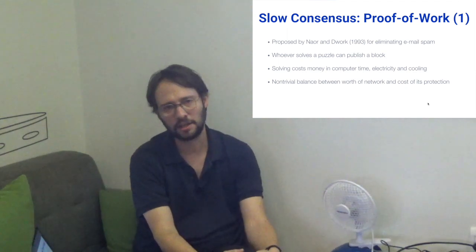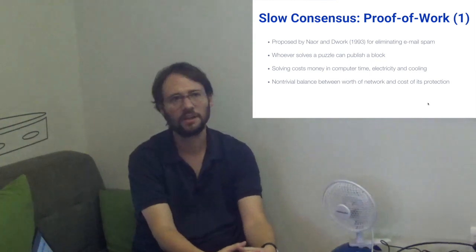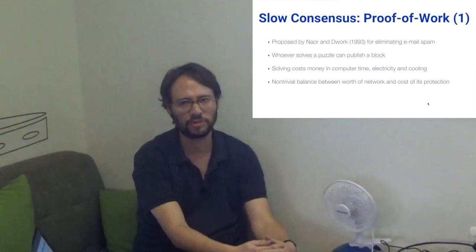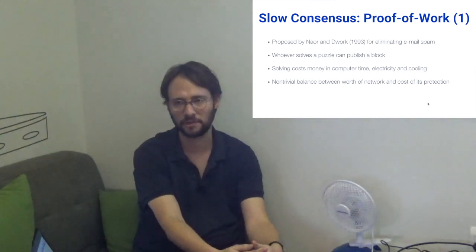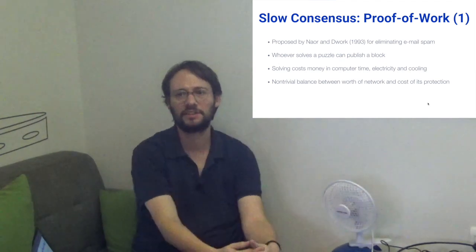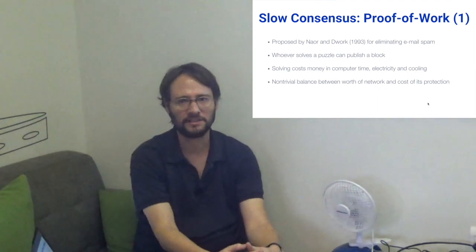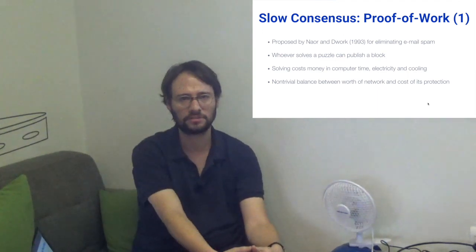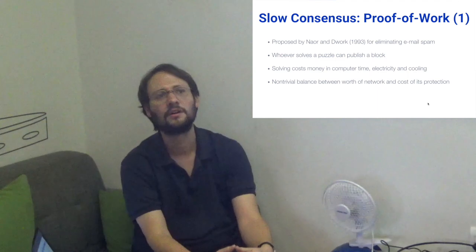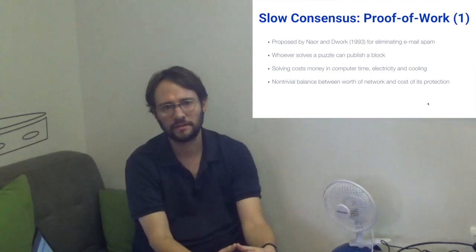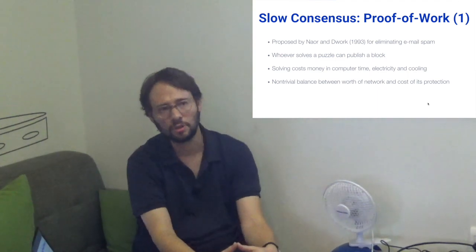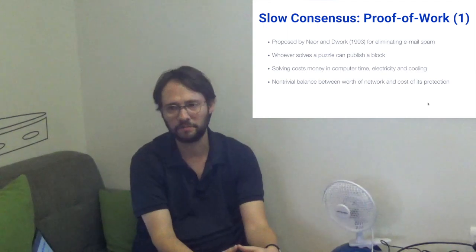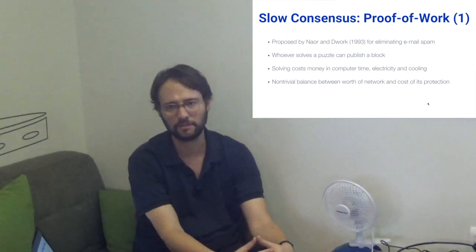And he and Cynthia Dwork developed proof of work in 1993 as a way of combating spam. Basically, the problem of email spam. Everybody can write emails to the whole world because sending emails costs nothing. And the email system is designed not to require any payments for delivery of emails or anything.